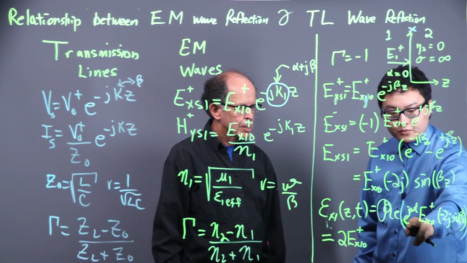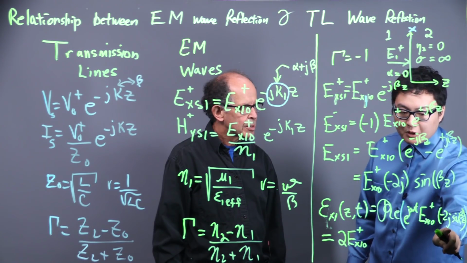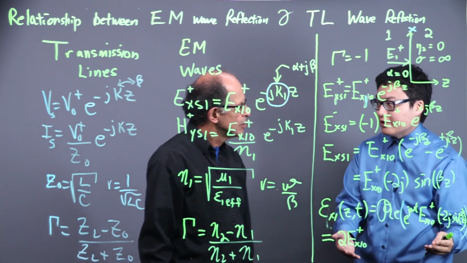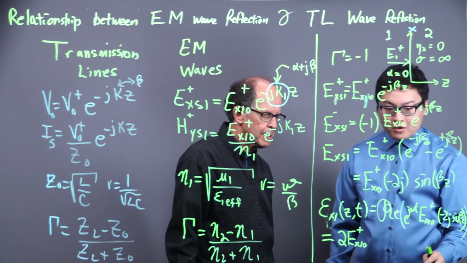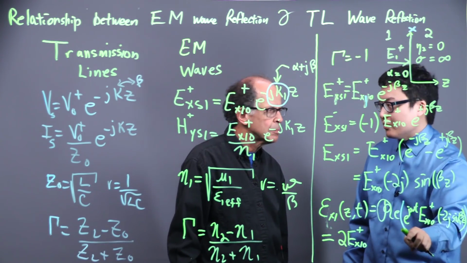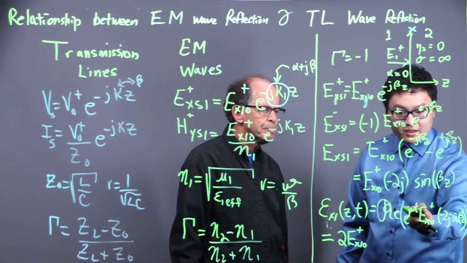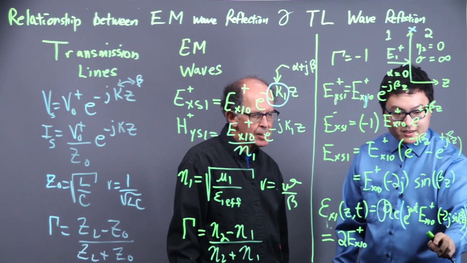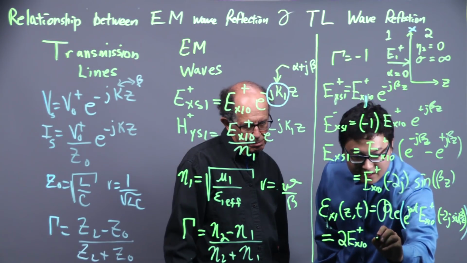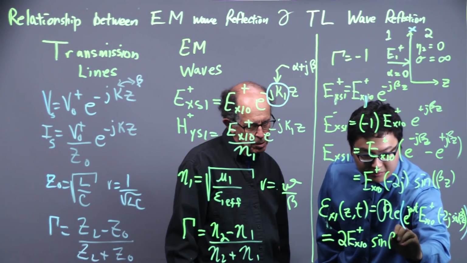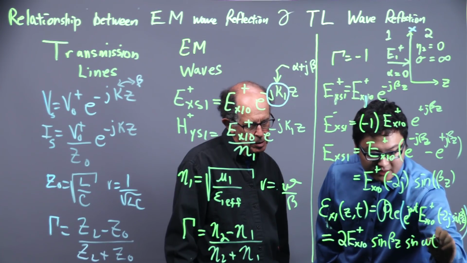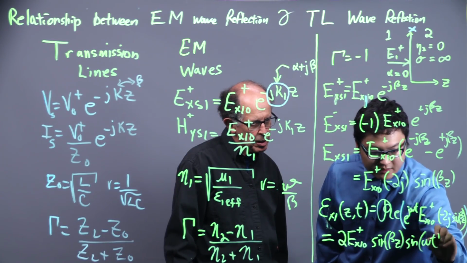The cos component will multiply with this j component and become imaginary, so we don't count the cos component. The sine component carries a j, which would cancel out with this j and produce a minus 1. So let's write that down: sine beta z and sine omega t. Does that look right?